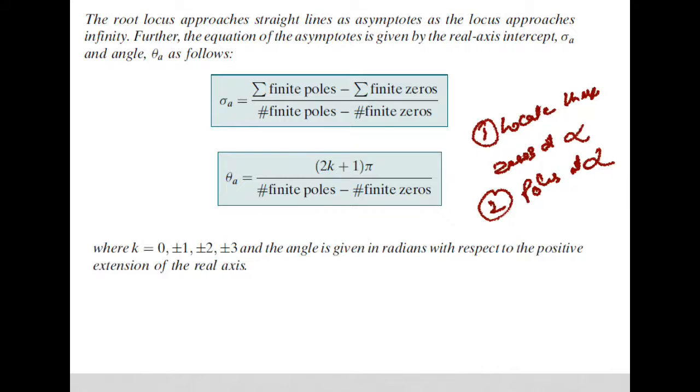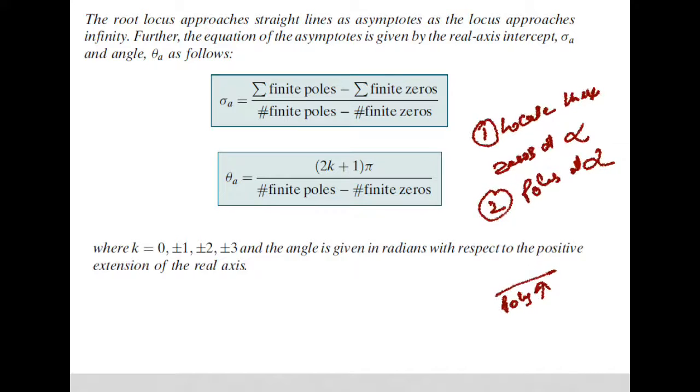However, in physical systems we have more finite poles than finite zeros, since pure differentiation yields infinite output for discontinuous input functions such as step inputs.